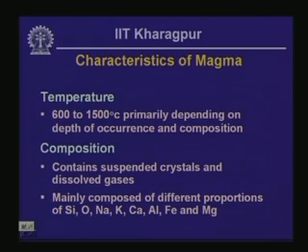Now, the partially molten state arises because the magma contains different species of chemicals and dissolved gases, and all of these chemical species have different thermal behavior or different melting points.